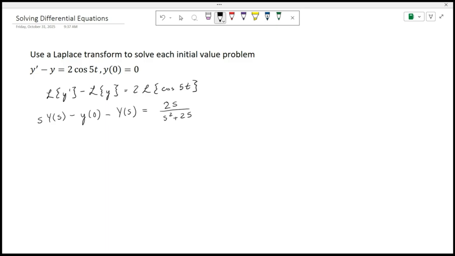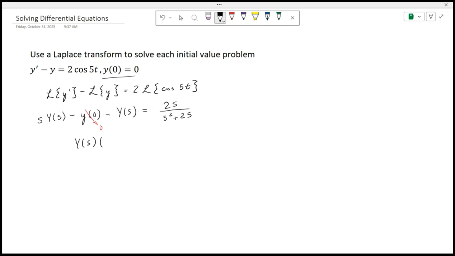Okay, so I've taken the Laplace. The next step is to use the initial condition since I have a y of 0 showing up on the left side. And that was just 0, so this term just zeroes out, which means I have s y of s minus y of s on the left side. And so I will factor the y of s out of those two terms because I want to solve for y of s.